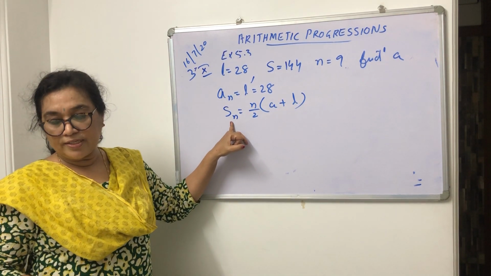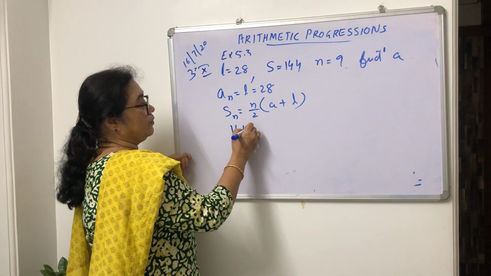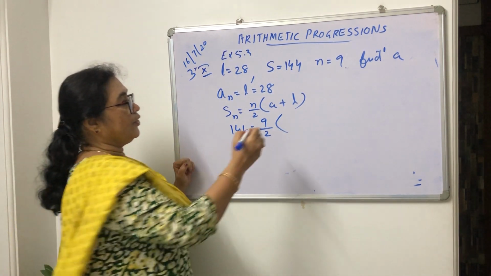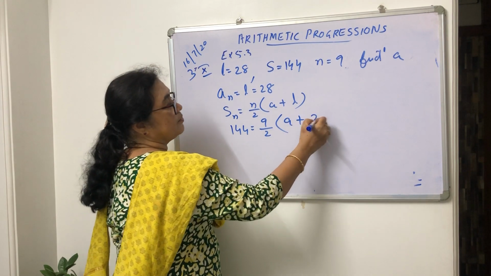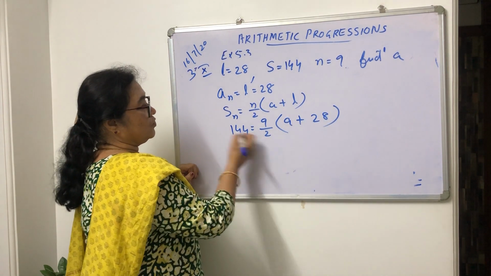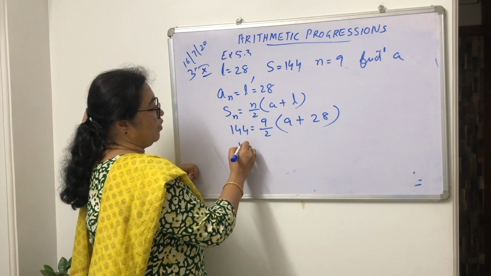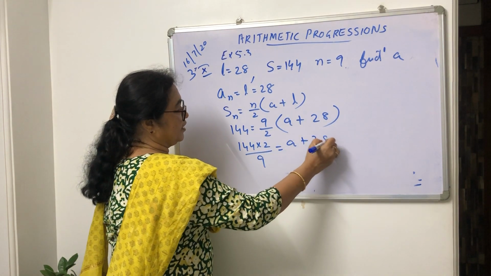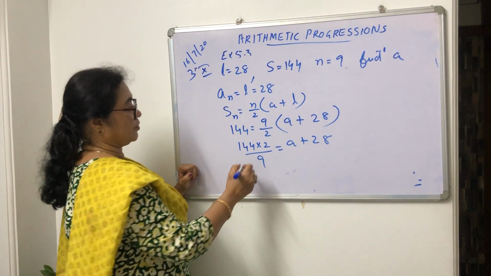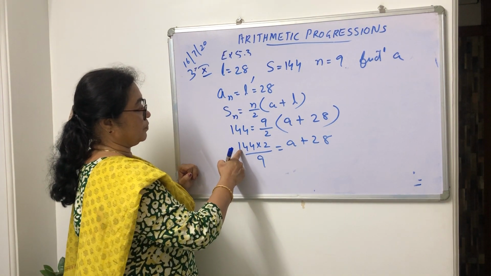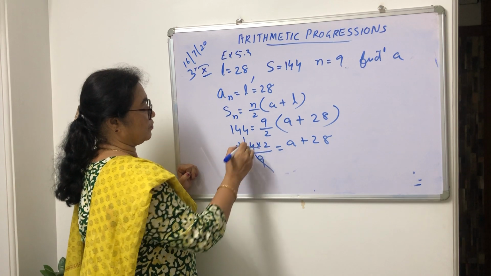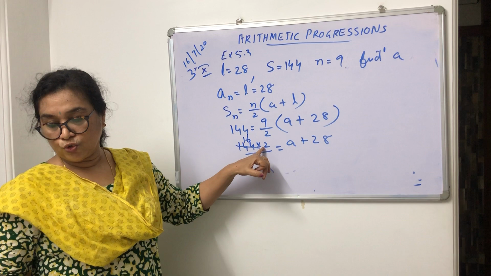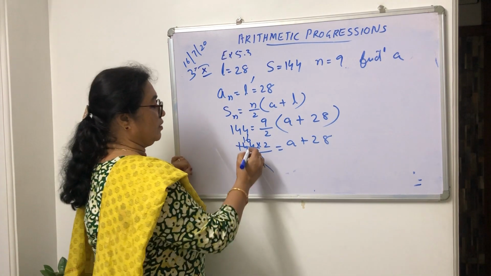Value of Sn is 144. N is 9, 9 by 2. A you don't know. Last term is 28. So it is 144 into 2 by 9 is A plus 28. That is 16 into 2.